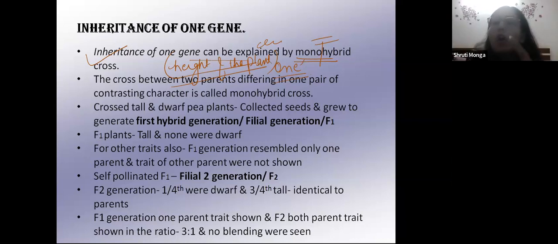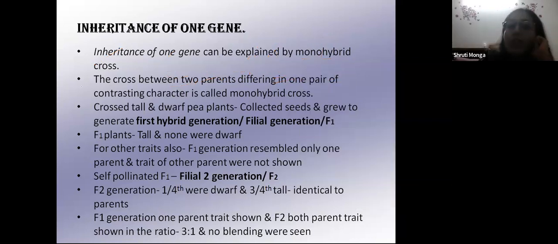Now we have to talk about the monohybrid cross. First of all, you should know what a monohybrid cross is. The definition: a cross between two parents differing in one pair of contrasting characters. One pair of contrasting characters means height, which Mendel took.